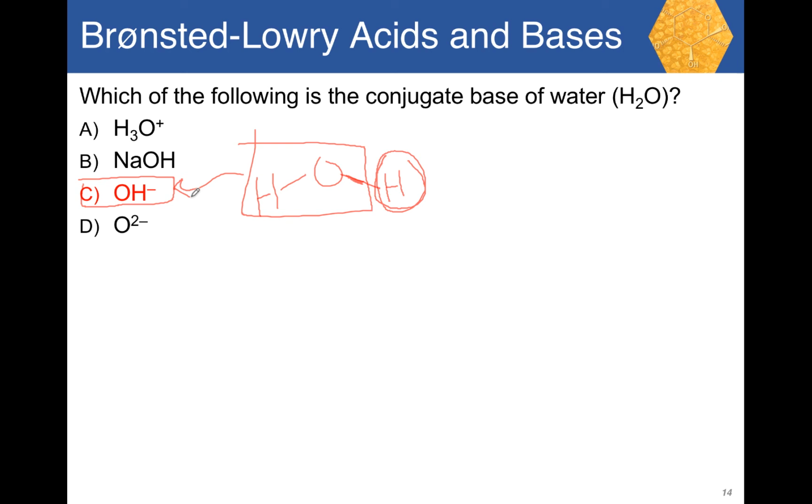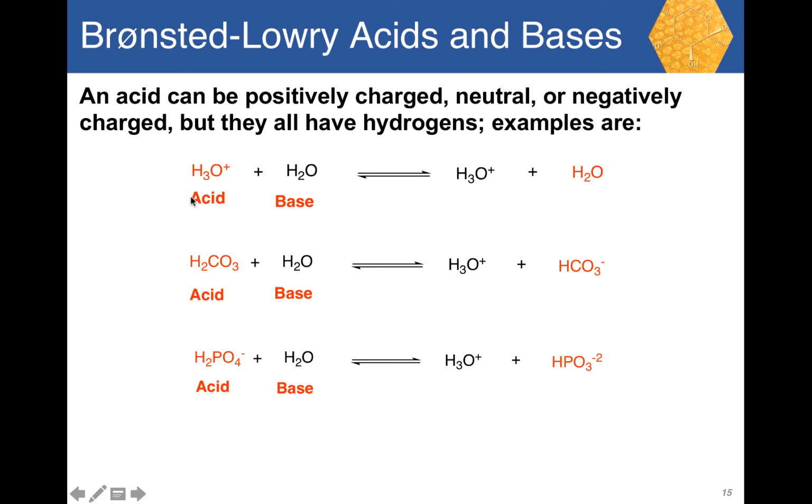So you will be asked on the quiz and on the test to identify conjugate acids and conjugate bases given an acid or a base. Let us take this further. Acids can be positively charged, can be neutral, or negatively charged.